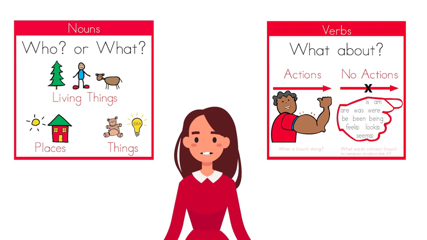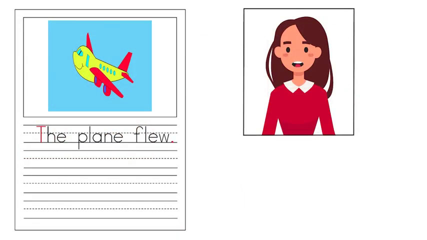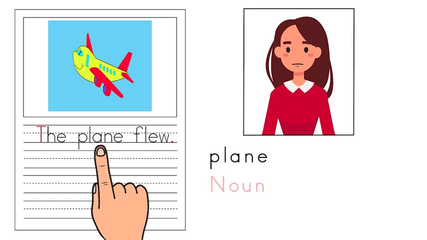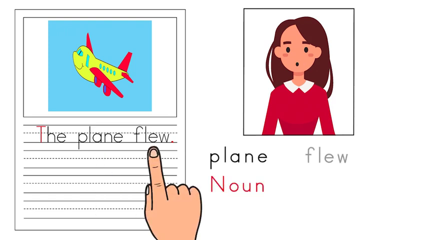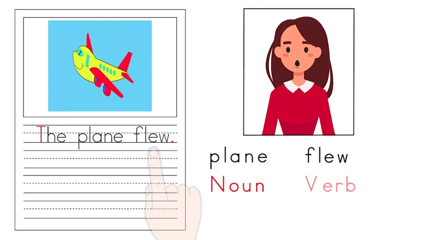In this lesson, we will learn that we need a noun and a verb to make a complete sentence. For example, in lesson number 2, you learned to write the complete sentence, "The plane flew." We know that plane is a noun and flew is a verb.